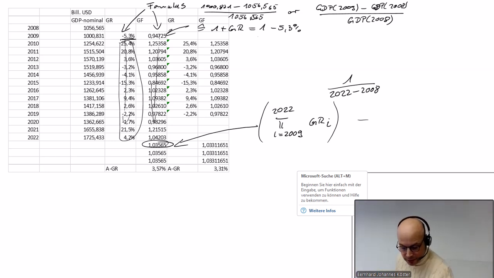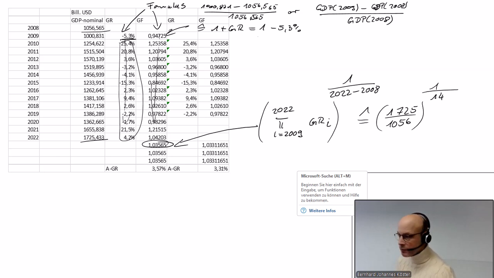Or you can also write down, as I did it, the other possibility to calculate it: last data point over first data point and the 14th root. So that this is also 1725 over 1056 to the power of 1 over 14.